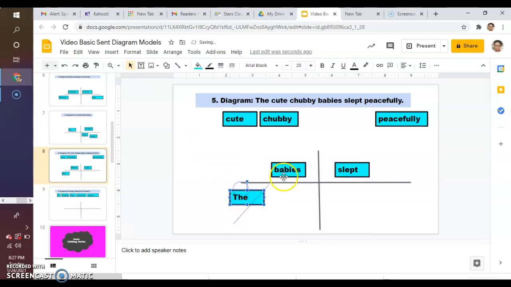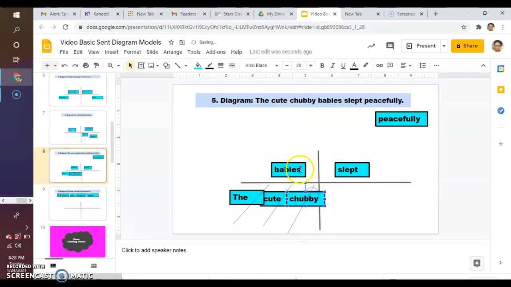Cute and chubby are both telling you about the baby. So we know those are modifying the subject, also known as adjectives. So we'll just put these two adjectives under what they're modifying. So cute and chubby are all telling you about the baby, the subject.